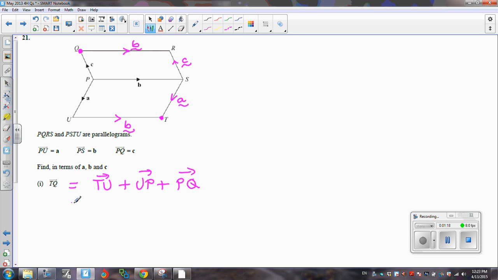Now, if I fill in the A's, B's and C's, TU is going in the opposite direction to B, so it's minus the vector B. UP is in the opposite direction to A, so it's minus A, and PQ is this vector, which is in the correct direction, so it's C. Now, just to tidy that up, I'm going to write it as C first, minus A, minus B. Just makes it a little bit neater. So that is the vector TQ.